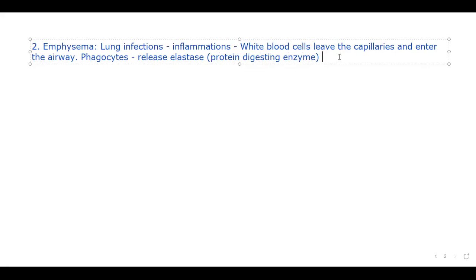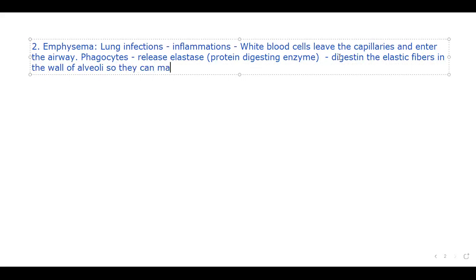Inside the alveoli, inside the trachea, inside the bronchiole. If my phagocyte, the white blood cell, has to get inside the alveoli, it has to go through the wall of the alveoli. So it will release elastase, which will digest the elastic fibers in the wall of the alveoli, so they can make a pathway to enter the airway and fight the infection.